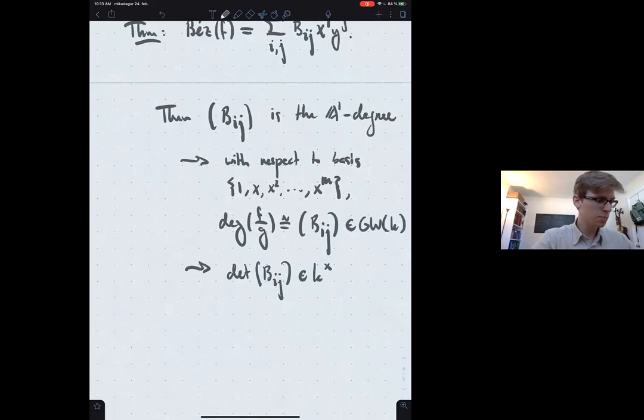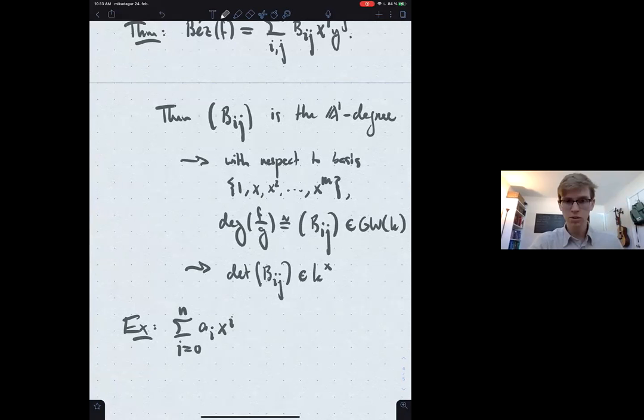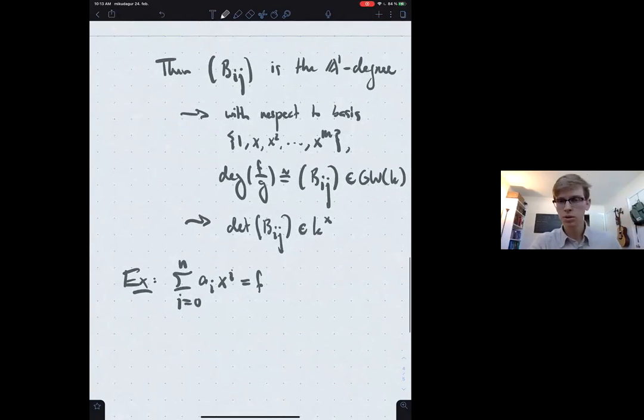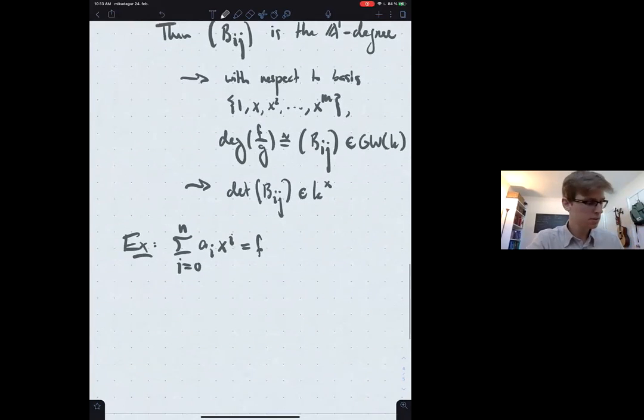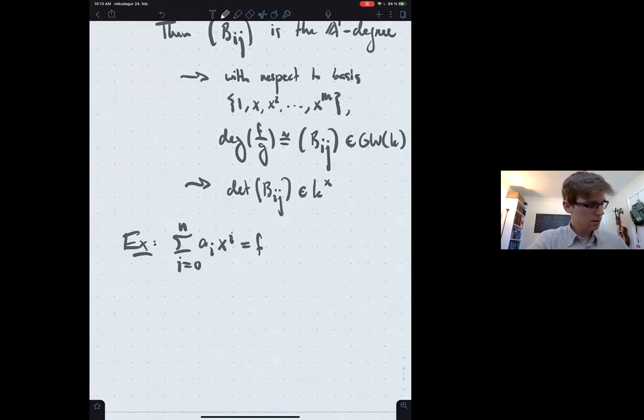So I can do an example really quick because, at least for me, I need examples for anything to make sense. Let's take just a general polynomial as my f, and I'm going to compute the global degree of f over 1. So I'm not going to have g show up anywhere. Okay.